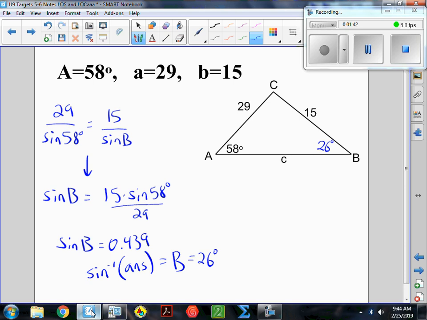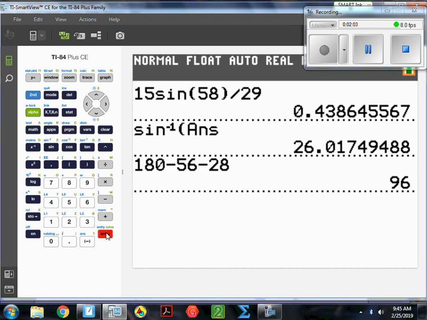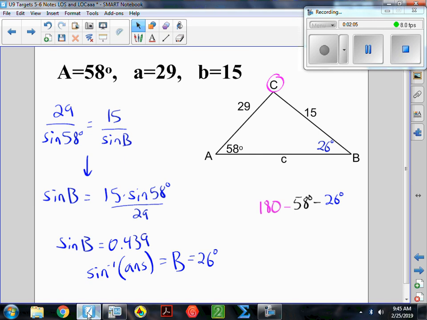I can also find angle C by doing 180 minus the ones I know. So 180 minus the 58 degrees and minus the 26 degrees. That's a 96-degree angle.